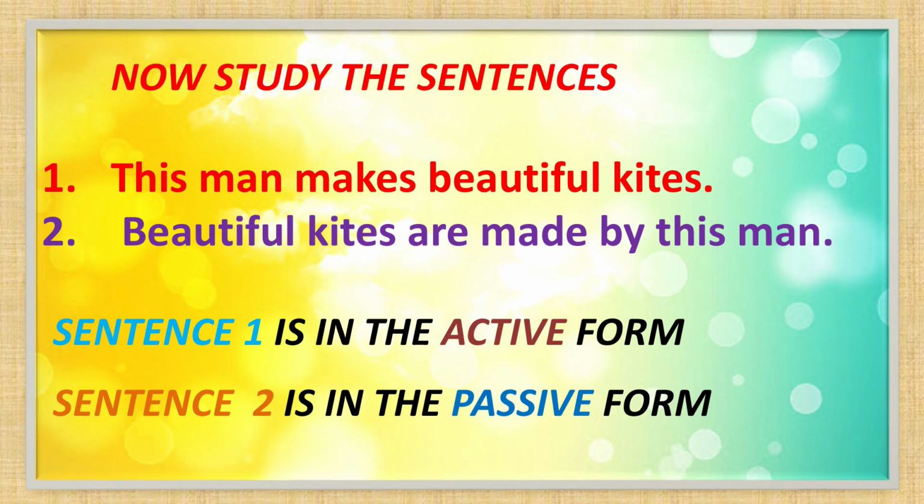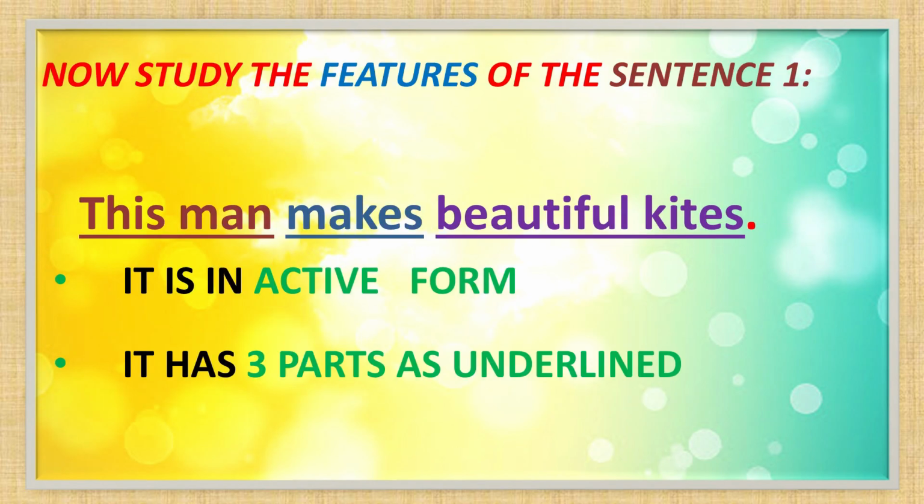So, now look at the sentence that I am going to tell you. The first one is, the man makes beautiful kites, and when you transform such a sentence into English passive, this sentence is in active form. Look at the sentence that I write here.